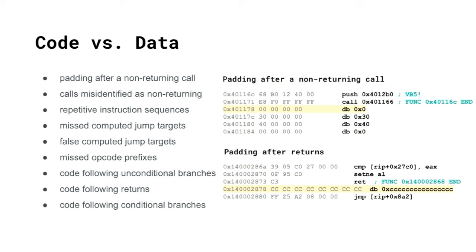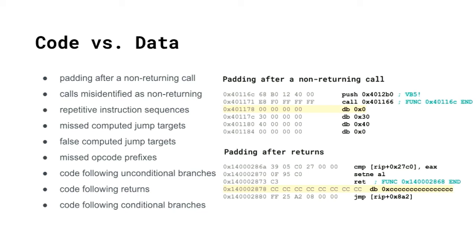Here's an example of padding after a non-returning call. You can see that this is actually VB5. Right after the call to ThunRTMain, I think that's how you say it, is the struct that loads all the functions to be called. If it's a non-returning call, we won't try to disassemble it.